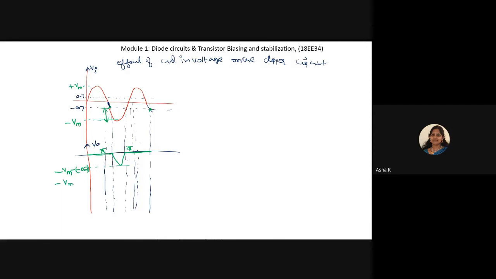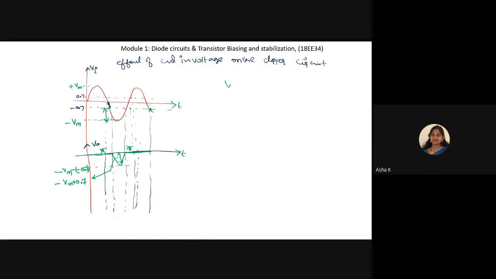So minus Vm plus 0.7 volts will be the peak of this. How much is the peak of this? Minus Vm plus 0.7 volt is the peak of this. So this much peak value I'm going to get here.